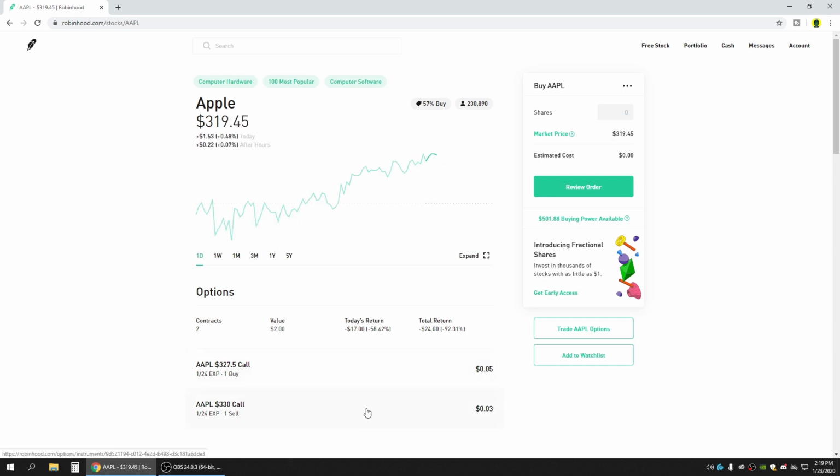The debit spread would probably be worth about $60, $80 before expiration, maybe even more depending how close you are. So it might make more sense to sell the contract, but if you think it's going to go above 330 at expiration, then you're golden. You're going to get this $250 max gain, so long as you're correct on where you think Apple's going to end on the day the contract expires.